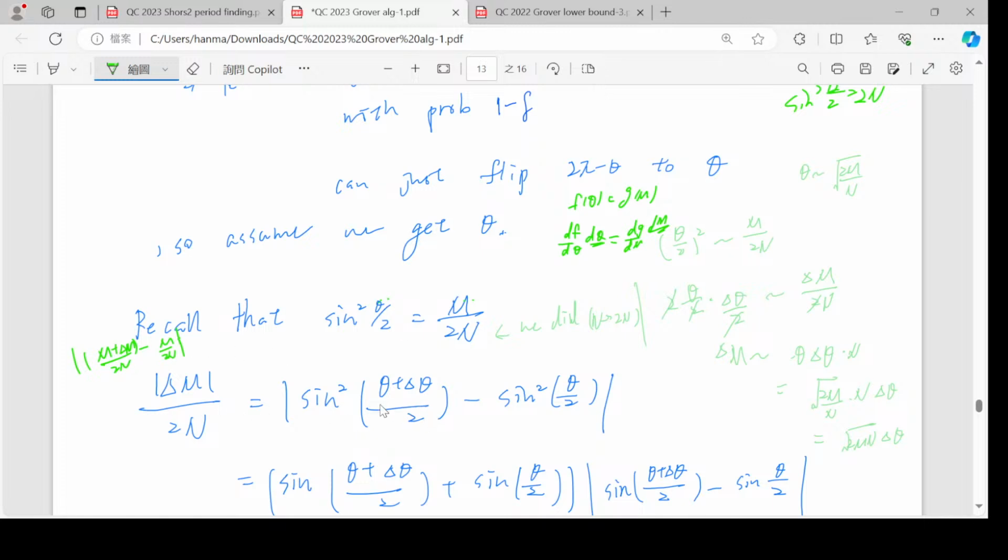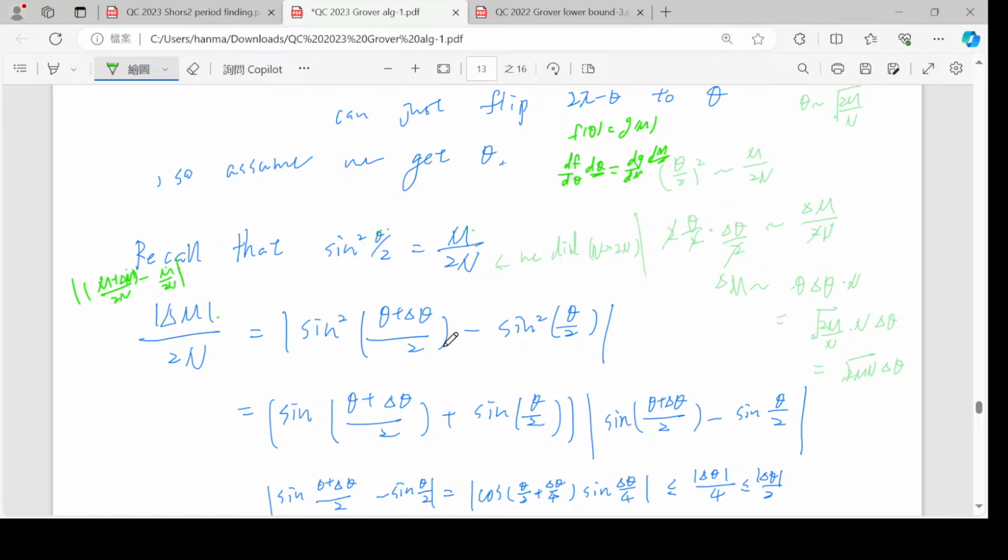Because we are thinking about how m changes when theta changes. So this thing here is m plus delta m divided by 2n minus m divided by 2n, in absolute value. The first term corresponds to sin squared of theta plus delta theta over 2, and the second term is sin squared of theta over 2. Because m divided by 2n is just this, and if you change m to m plus delta m, you should change theta to theta plus delta theta.